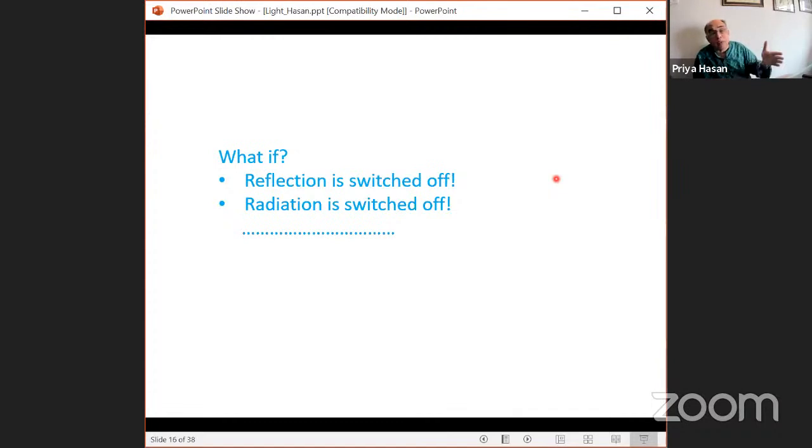So the third form of energy transfer is through radiation. If light was switched off, the whole earth would be dark. But if radiation is switched off, then even the heat from the sun would not reach us. Everything would freeze, the oceans would freeze, we would freeze, and in no time everything would end. Right?